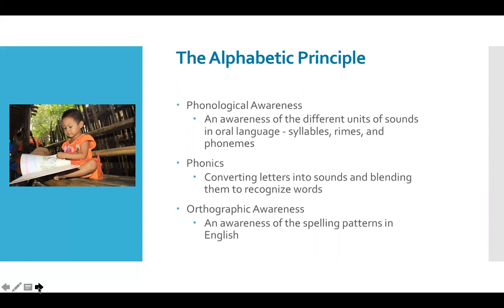Children crack the code of our alphabetic language as they learn about phonemes or sounds, graphemes or letters, and graphophonemic or letter-sound relationships. They learn about phonemes as they notice rhyming words, they segment words into syllables and individual sounds, and they invent silly words by playing with sounds, much like Dr. Seuss.